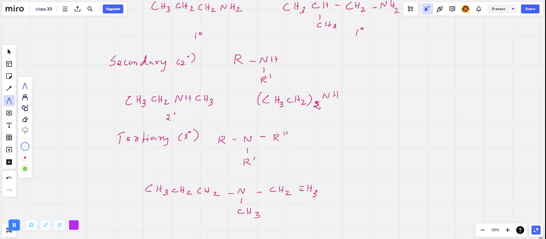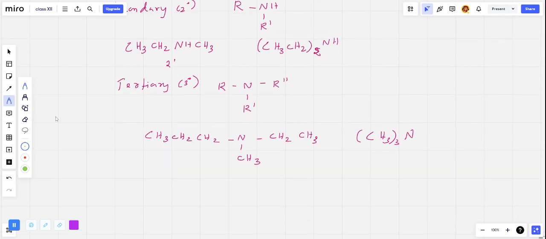How to give the name, we will see later. Why is it tertiary? Because all three hydrogens in ammonia are replaced by three alkyl groups. This is also tertiary, so these are tertiary amines.